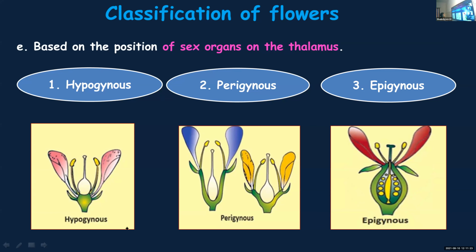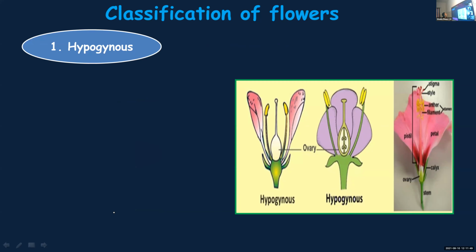So these are the three types of flowers on the basis of the position of the sex organs. Hypogynous, perigynous, epigynous. Details of each one we are going to see. We'll start with the first one, hypogynous.